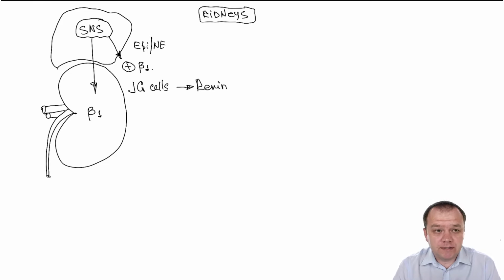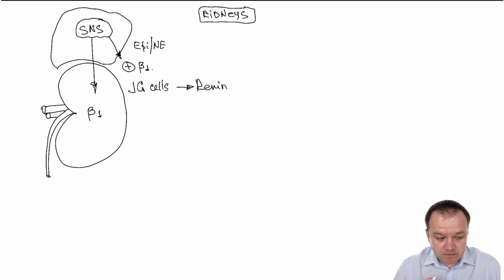And renin is a major enzyme in the renin-angiotensin-aldosterone system. We know, right? So renin converts angiotensinogen to angiotensin 1. After that, we have ACE enzyme that converts angiotensin 1 to angiotensin 2, and angiotensin 2 interacts with type 1 receptors for angiotensin 2, and these receptors are located in many places, and one of them is the adrenal cortex and vessels.